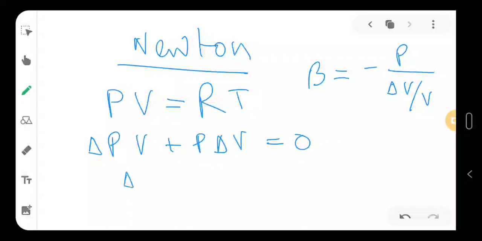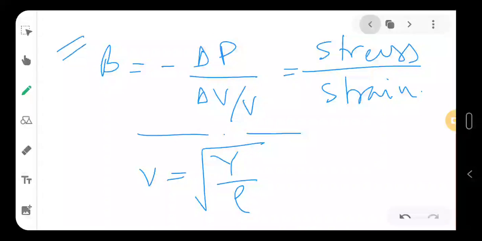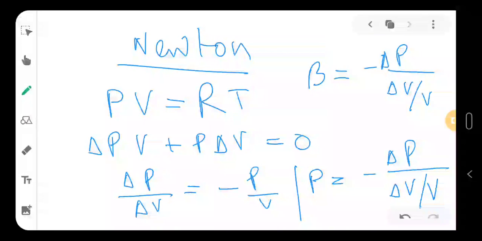So I can write delta P by delta V is equal to minus P by V. So from here I can write that my bulk modulus is minus delta P by delta V by V. So in the case of an ideal gas, the pressure is nothing but the bulk modulus, right?